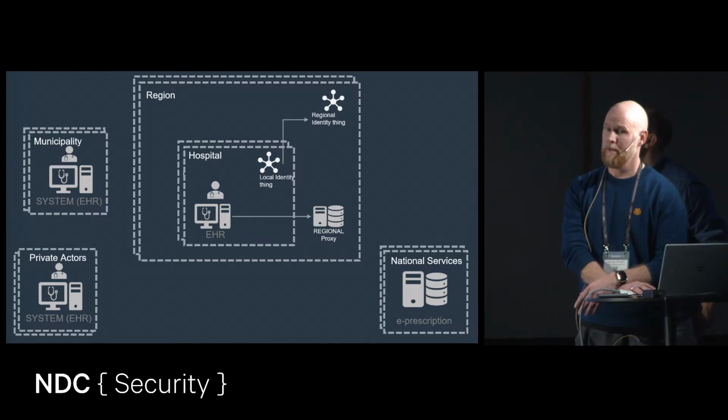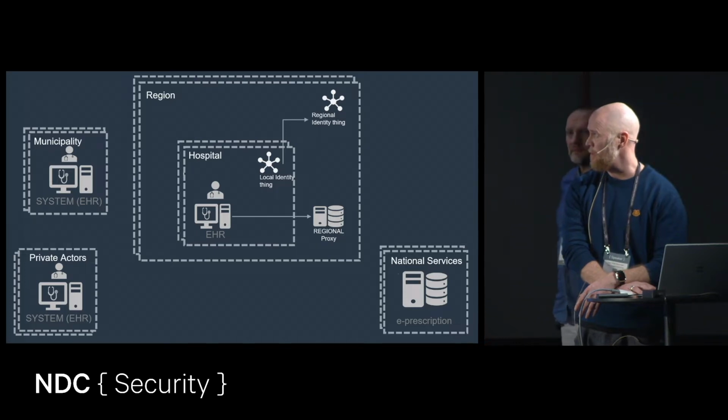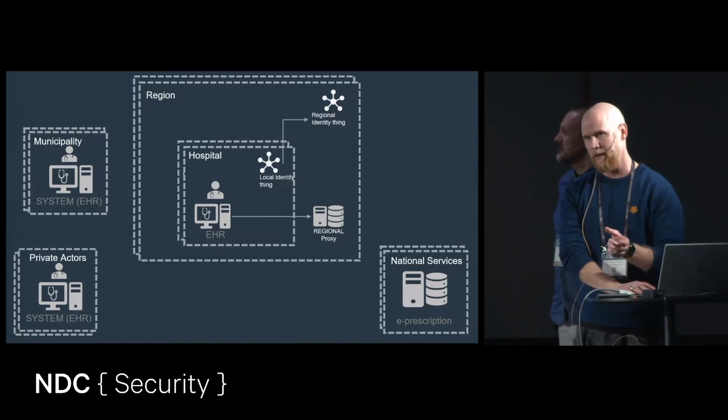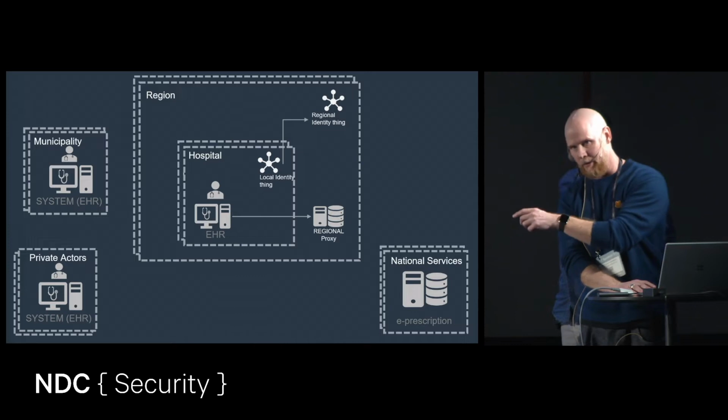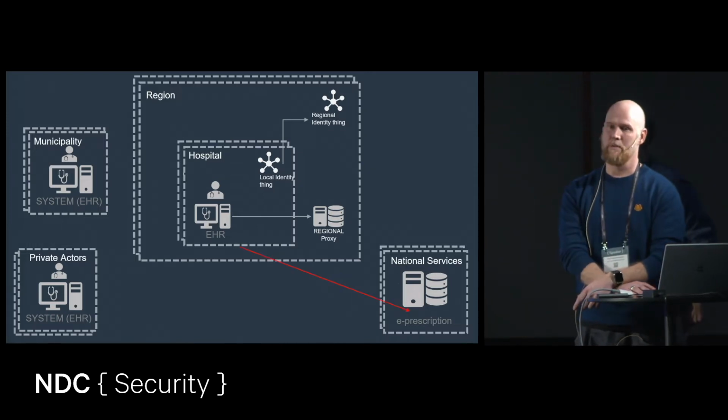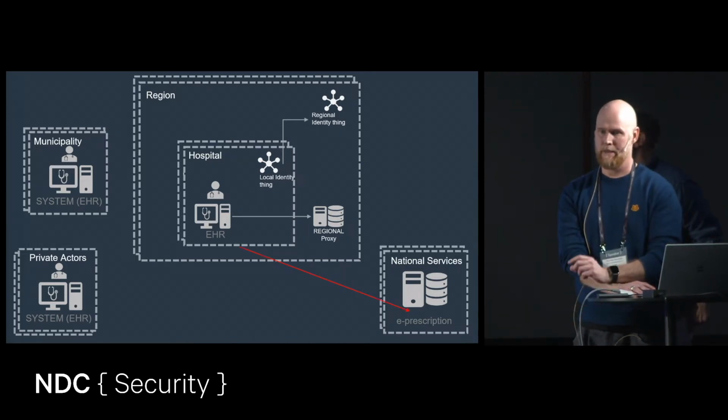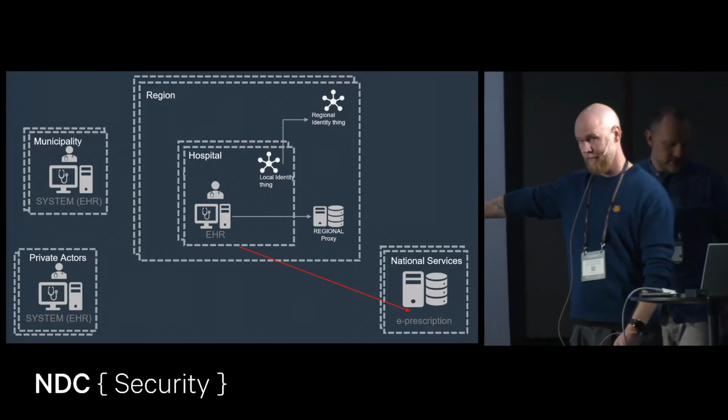So what happened in 2012 and some years forward was that each time somebody was going to share some health information with another actor, it was point-to-point integrations. They built the security.